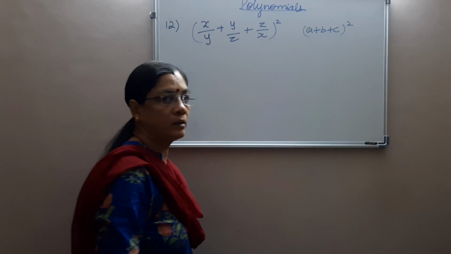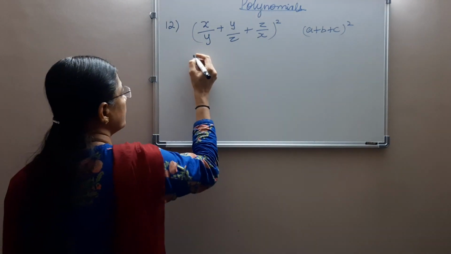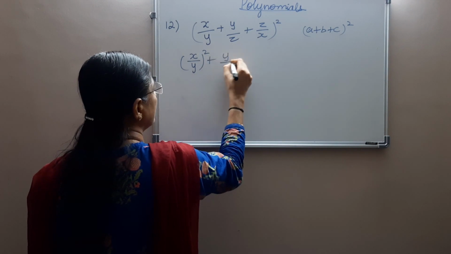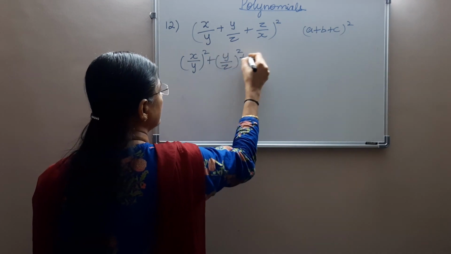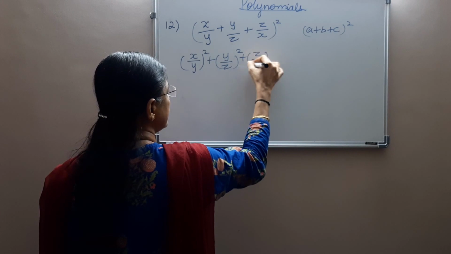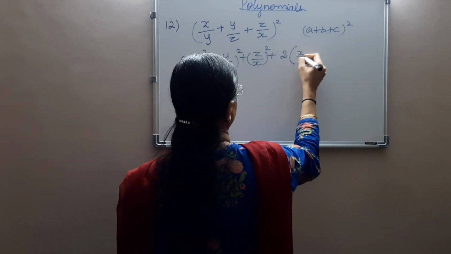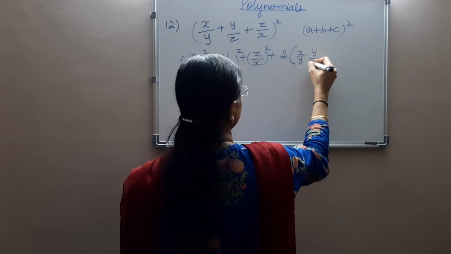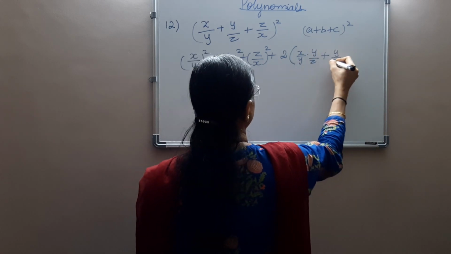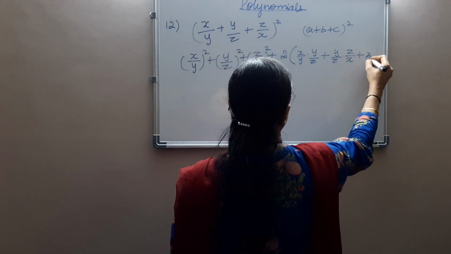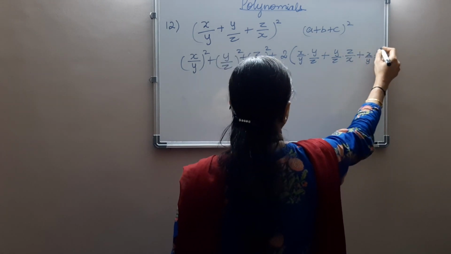So we'll start with x by y the whole square, that is a square plus b square plus c square plus 2 times ab, that is x by y into y by z, bc, y by z into z by x, plus ac, x by y into z by x.